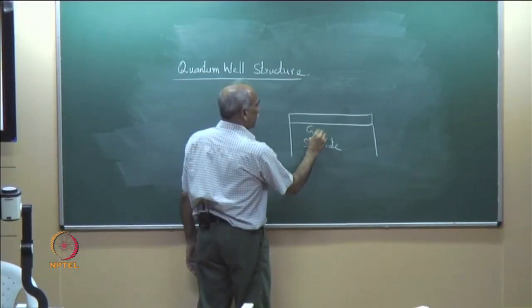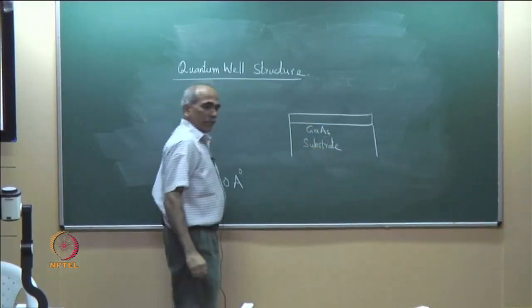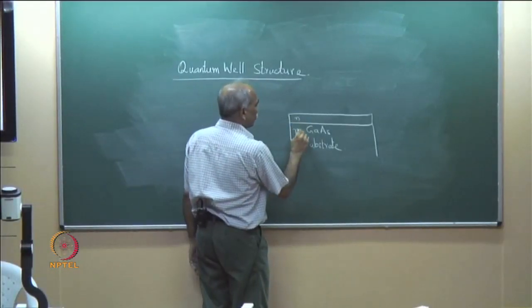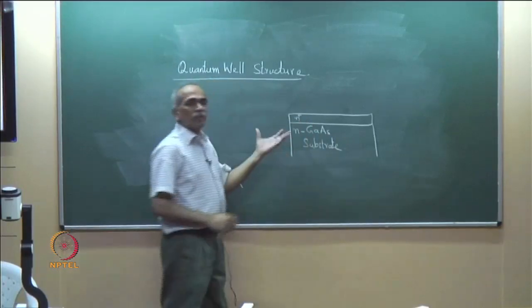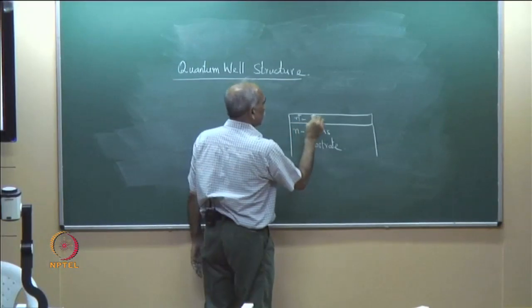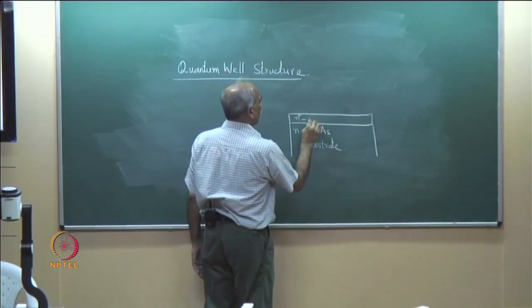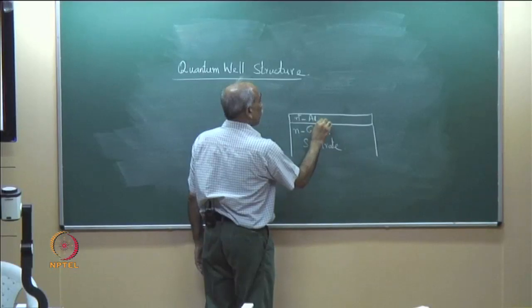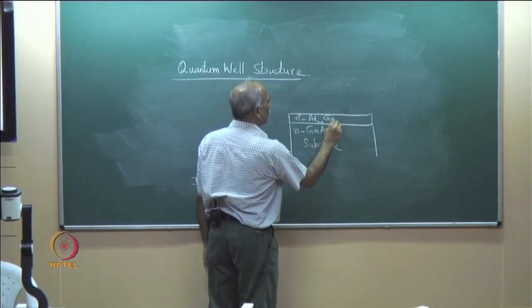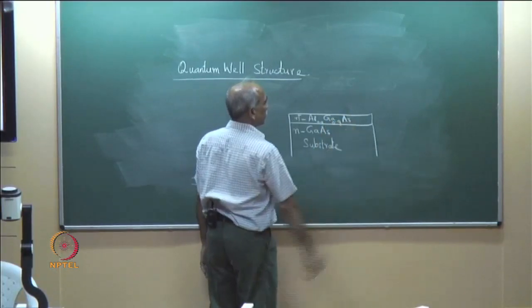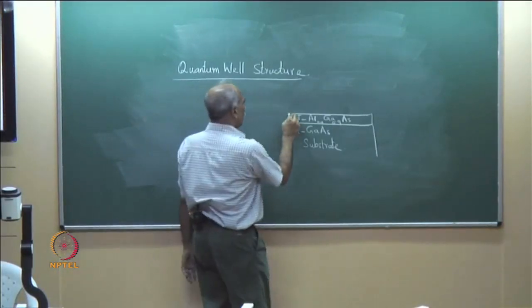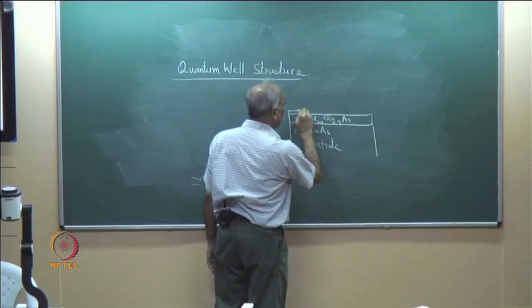Let me put typical materials, a structure which is used in a laser diode: n plus gallium arsenide substrate, then n plus aluminum gallium arsenide, Al 0.1 gallium 0.9 arsenide. On top of this we grow a thin layer.